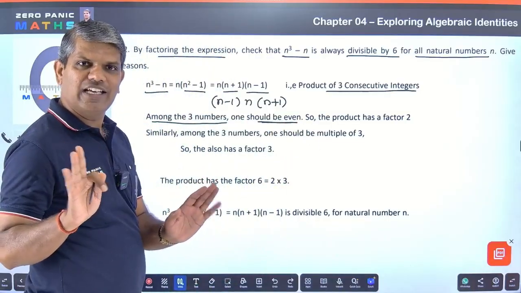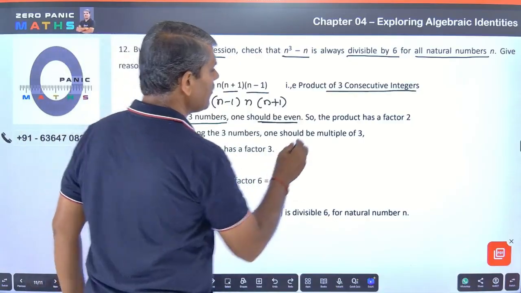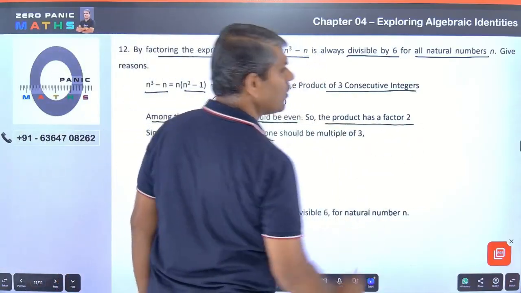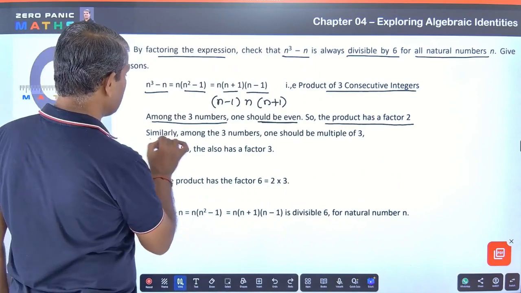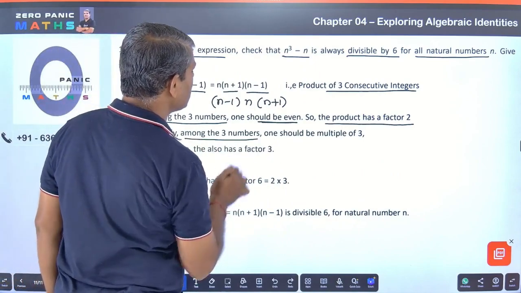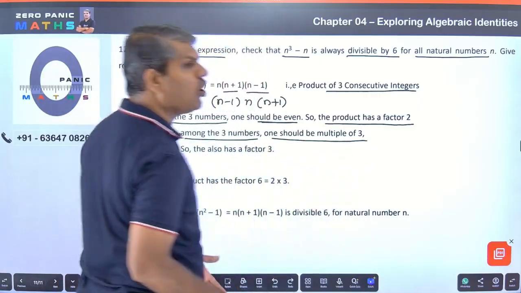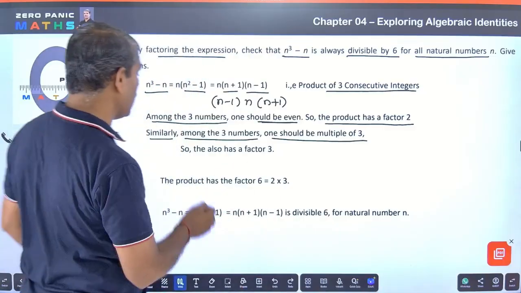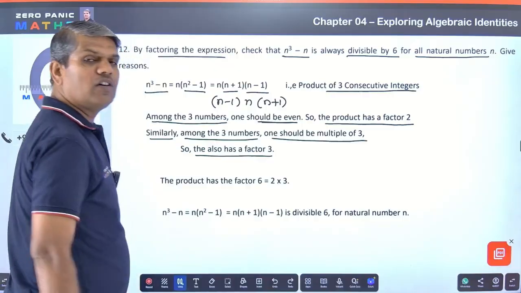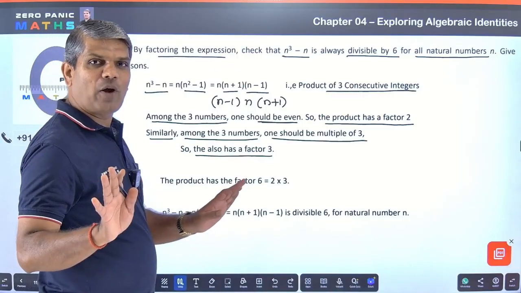You understood this, right? So that is why we say that the product has a factor of 2. And similarly, because these are three consecutive numbers, one should be a multiple of 3 also. So it has a factor of 3 also. You're getting my point, right?